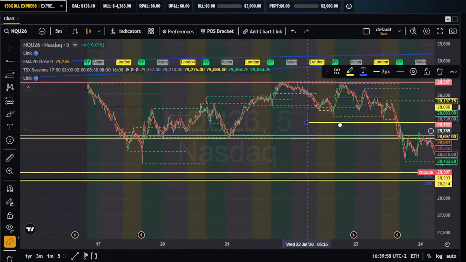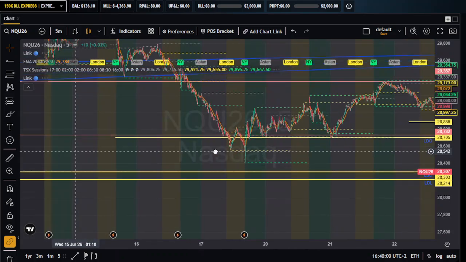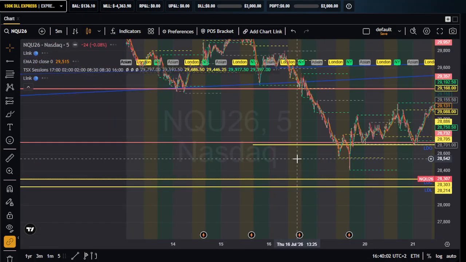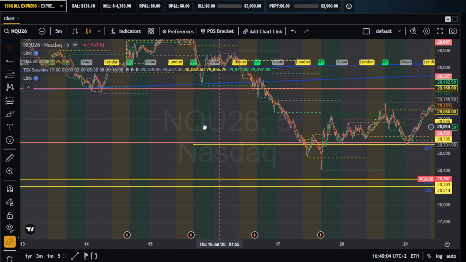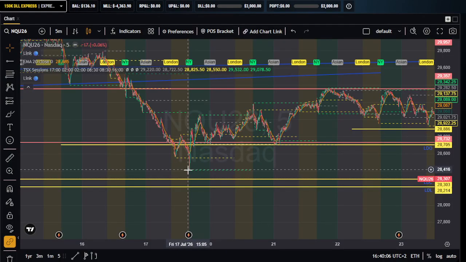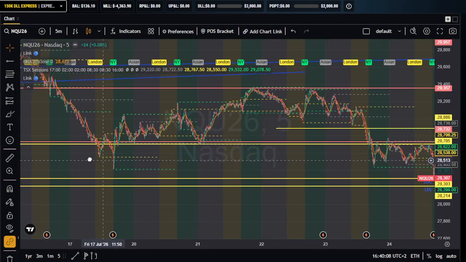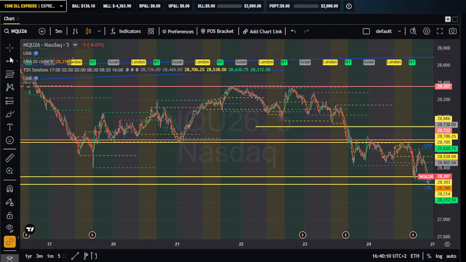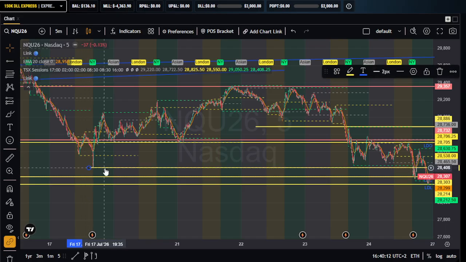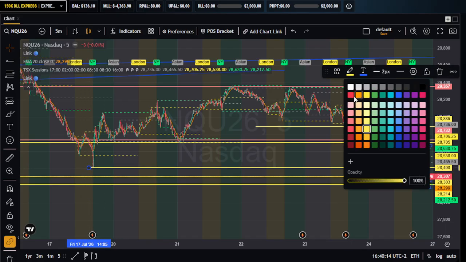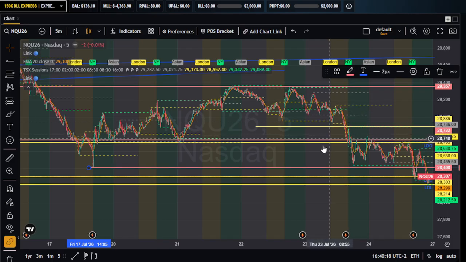And there is indeed something I would like to add here. This level. This level seems to be of some kind of importance. Make it the same color as the other one, and then I find which color I took.